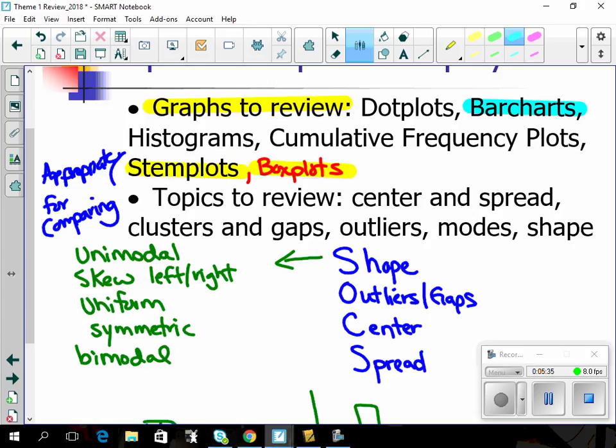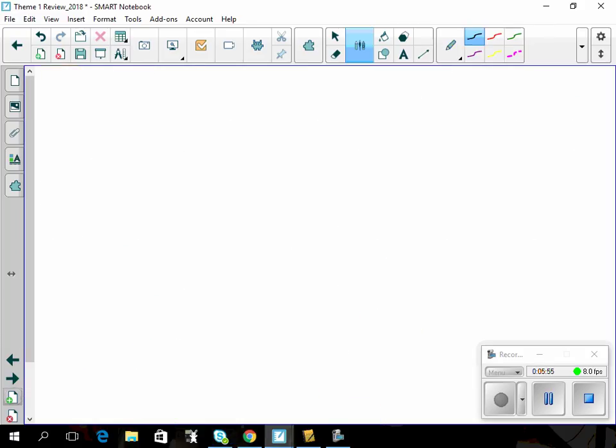Pie charts aren't really often used. Bar graphs are used for counted or categorical, qualitative, all same words, data. What is a segmented bar graph? What does it show? Okay, when it stacks is what it looks like.